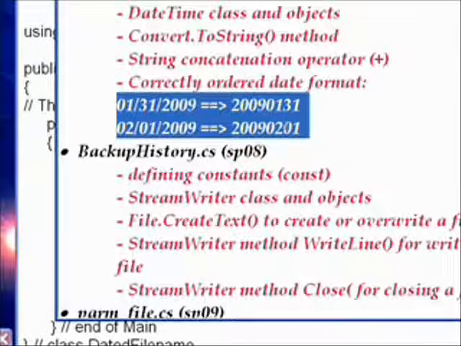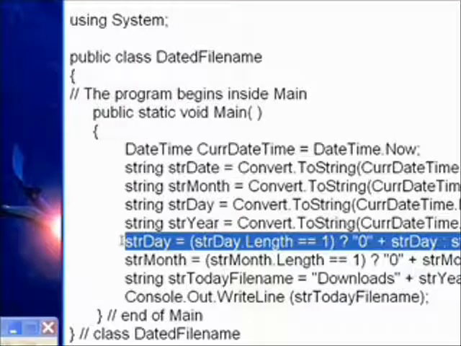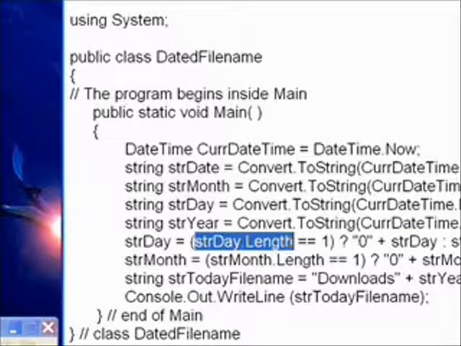So the first thing we do in order to do this is we take the str day variable, which holds the number of the day, like 1 or 12 or 31 or whatever, and we take a property of that string called length, and we check to see if that length is equal to 1.